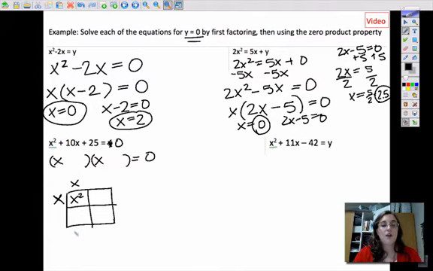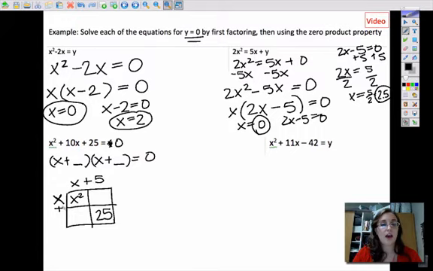I also know that the last terms here, when I FOIL, have to equal 25. I also know that everything in this trinomial is positive. That means that these are both going to be x plus something and x plus something, because they multiply to 25 and they add to this 10x.